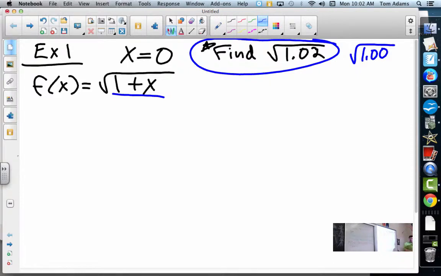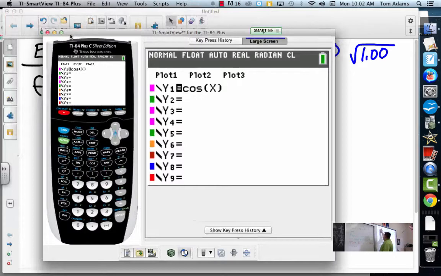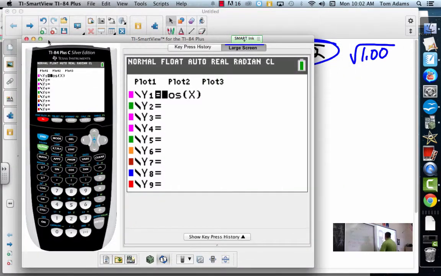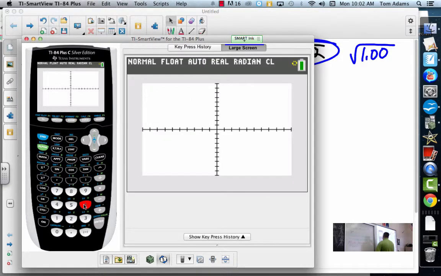Okay? So what I want to point out to you guys is that if I graph the original equation, the square root of 1 plus x, and we're just going to do a standard zoom, I get a graph that looks like this.